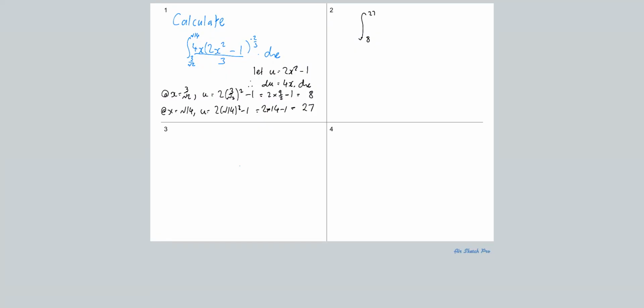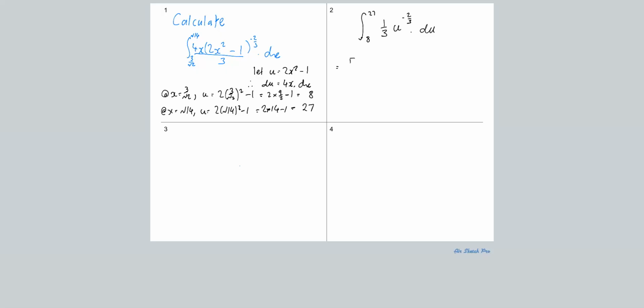So rather than putting the whole thing as a fraction, I'm just going to put it as a constant fraction at the front. So I'm going to go 1/3 u, which is what 2x squared minus 1 is, to the power of negative 2/3 du. So I've wiped out all presence of x completely. These new boundaries represent the boundaries if we were looking at the graph of u. Okay, so that's the integral.